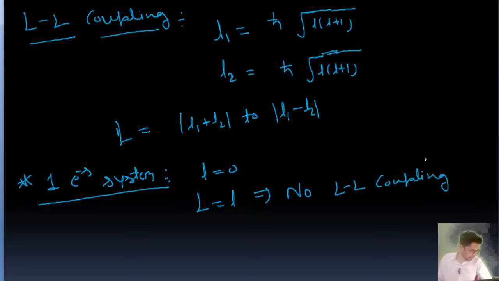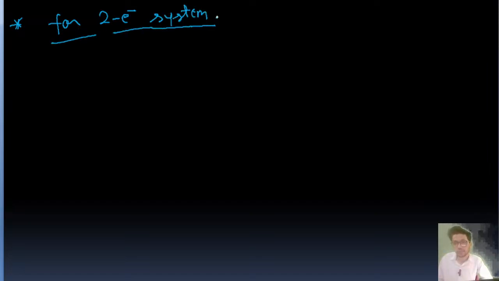Now for a two electron system, we'll check. For example 3p1 3d1, this is a two electron system, right?